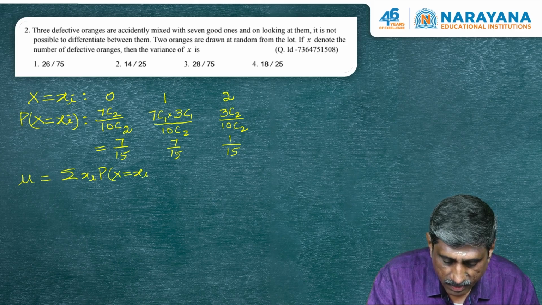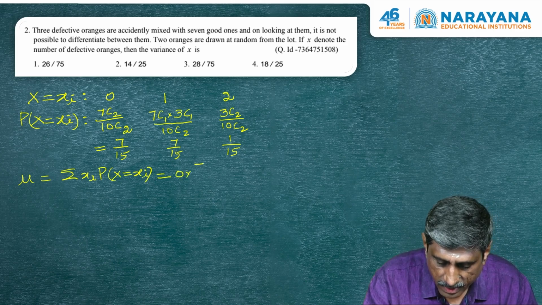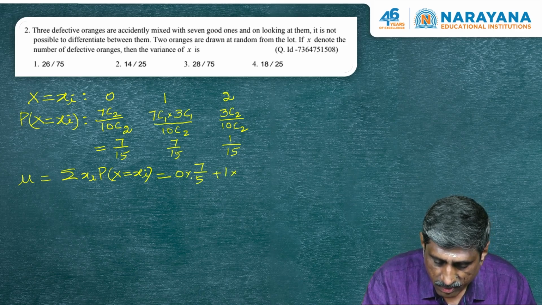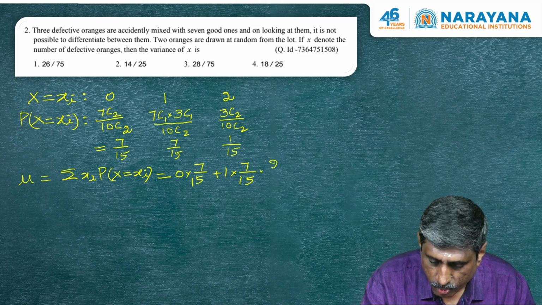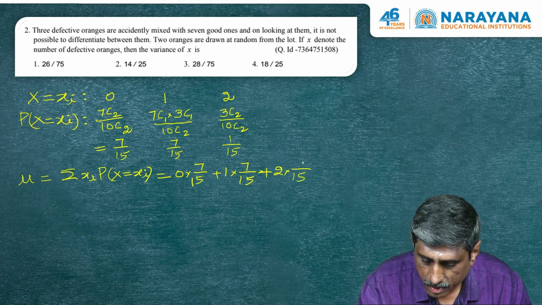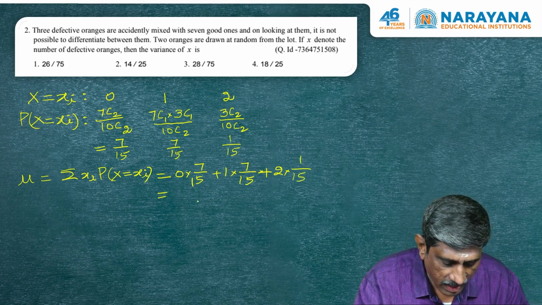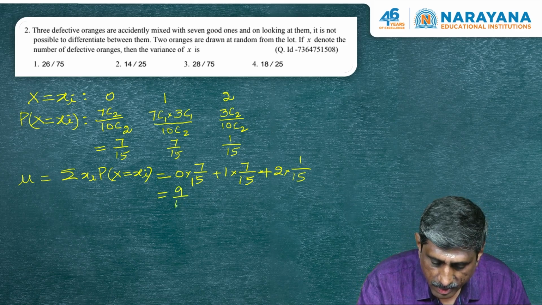So, when we simplify this, we understand that 0 into 7 by 15 plus 1 into 7 by 15 plus 2 into 1 by 15. On simplification, we are getting the mean mu as 9 by 15.